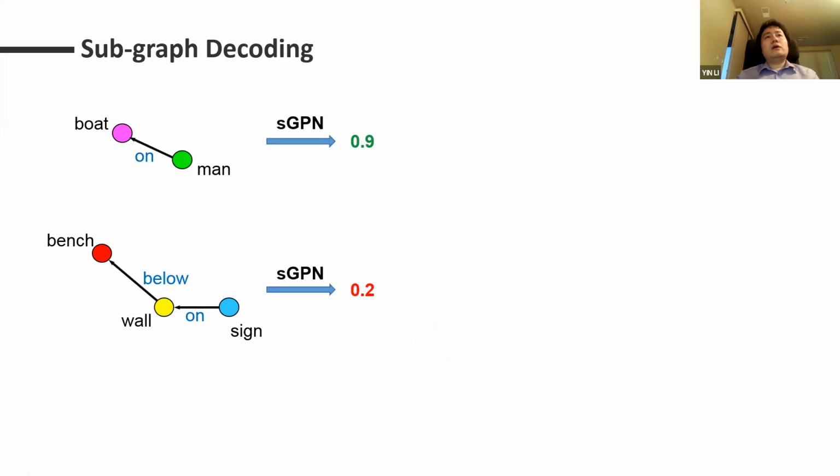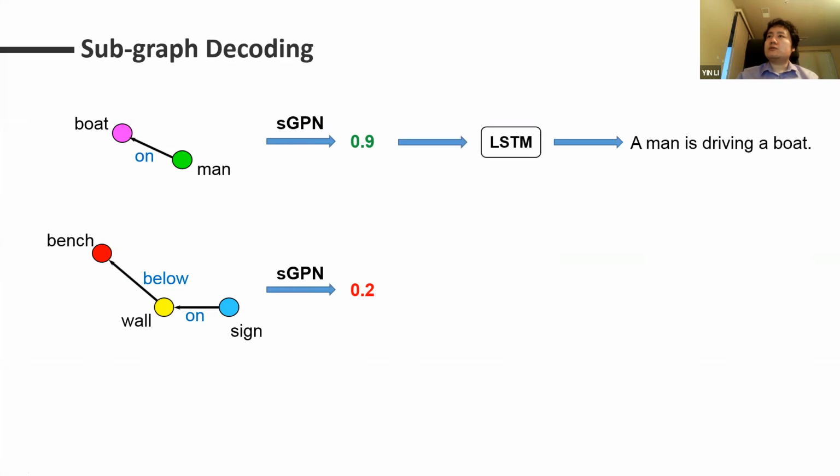Right? So now what we do is we have this large set of subgraphs. We're going to run each of these subgraphs through this selection process. Some of them will have pretty high scores. Some of them will have low scores. And we only focus on those subgraphs that have high scores.